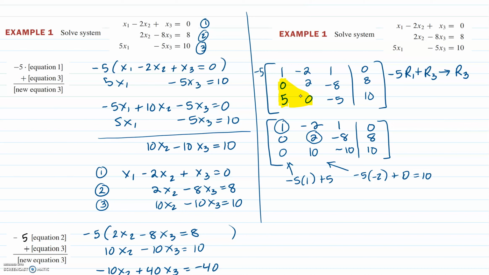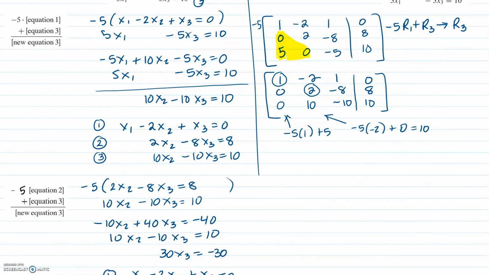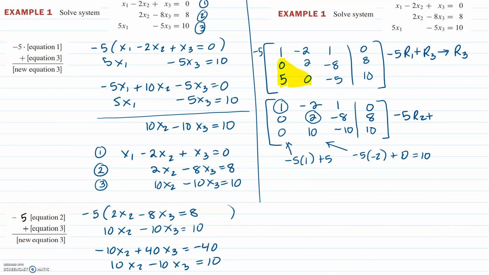That is the number I'm going to use to get a 0 down below, which you can see is the same term that we used on the left here in the elimination method to get the 0 in this third equation. And to get that 0 here, we took -5 times row 2, added to row 3, and again put into row 3. So let's go ahead and do it.